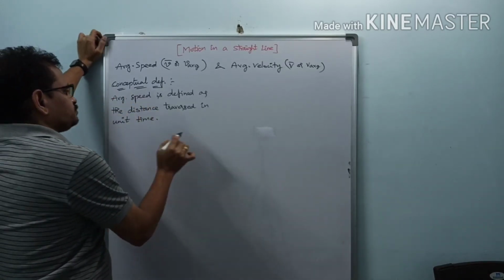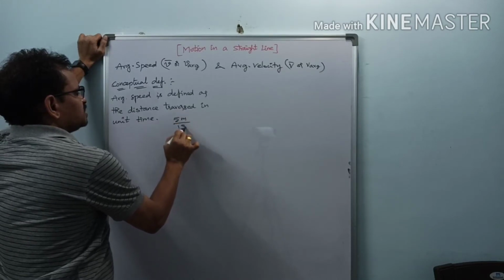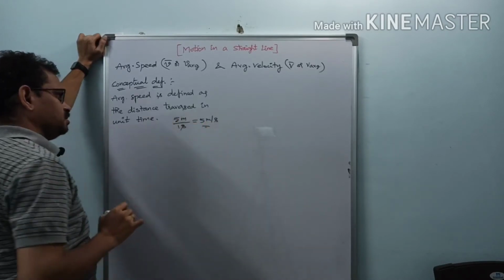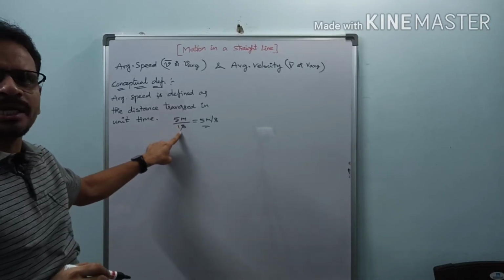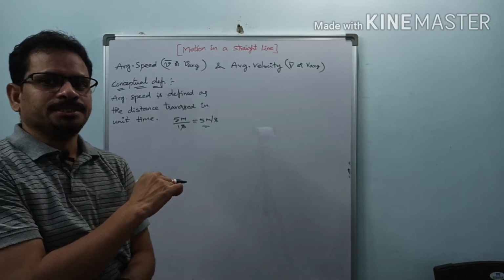For example, 5 meters in 1 second is equal to 5 meters per second. We write like this. So 5 meters is the distance traveled in unit time, here unit time is 1 second. So 5 meters per 1 second is speed, average speed.